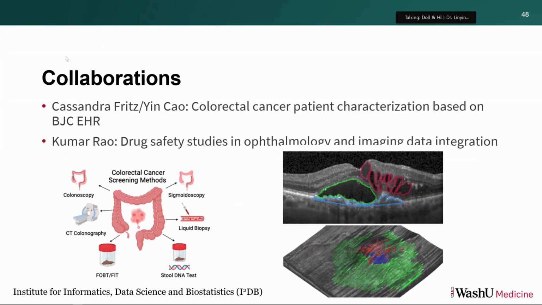And also in ophthalmology, Dr. Rao is interested in drug safety studies, using the OSCE pipeline to answer questions, but we're also looking into newer, innovative domains, integrating imaging data and extracting imaging information from the eye images to further enhance our datasets.